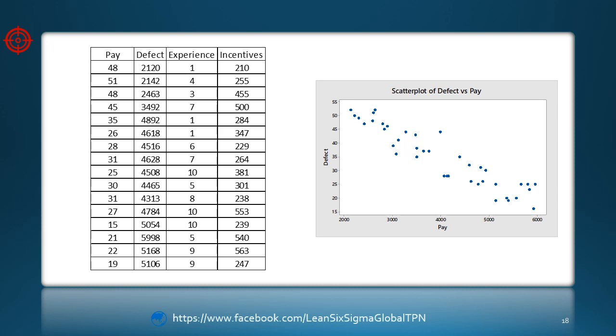Or maybe plants with fewer defects reward their employees for good performance. The number of defects affected the pay, not the other way around. To determine causation, we can conduct a designed experiment. So let's talk about the design of experiments in chapter 8 or chapter 9.